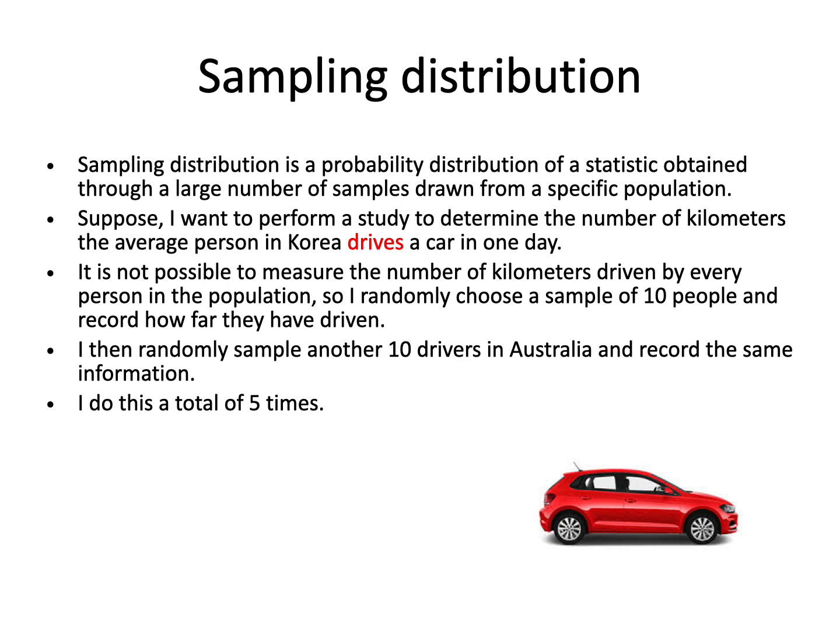For example, suppose we want to perform a study to determine the number of kilometers the average person in Korea drives a car in one day. It's not possible to measure the number of kilometers driven by every person in the population. So we randomly choose a sample of 10 people from the population and record how far they have driven.